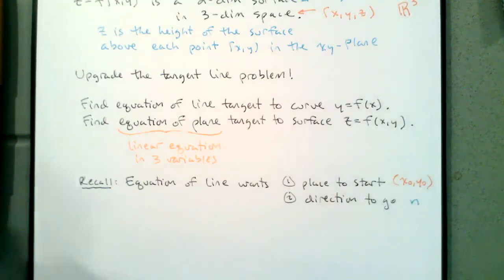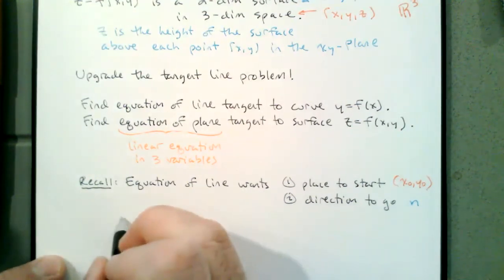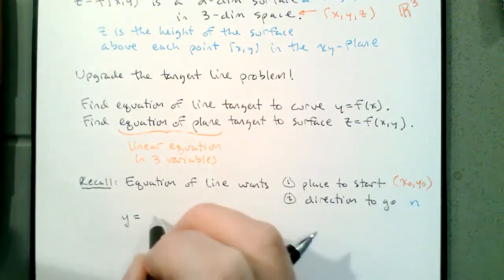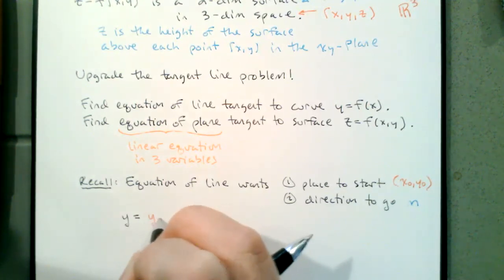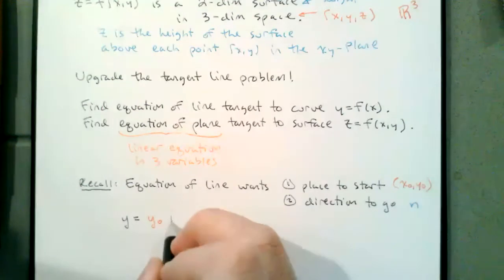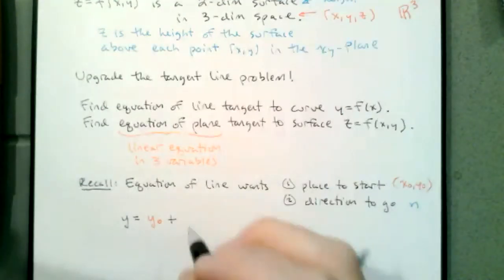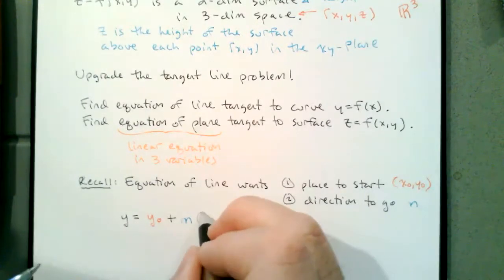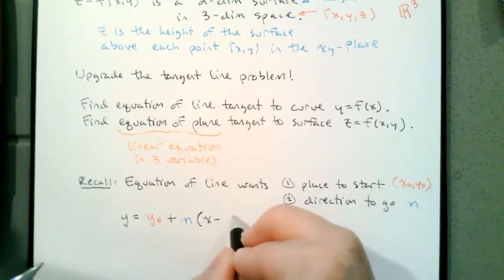we wrote the equation of the line as, let's say, y is y naught plus m times x minus x naught.